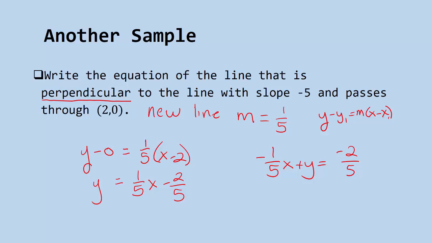So we're going to multiply each of the three terms by 5. So this first one, 5 times negative 1/5, is going to be negative 1x. 5 times y is 5y. And negative 2/5 times 5 is negative 2. So that is in standard form without fractions.